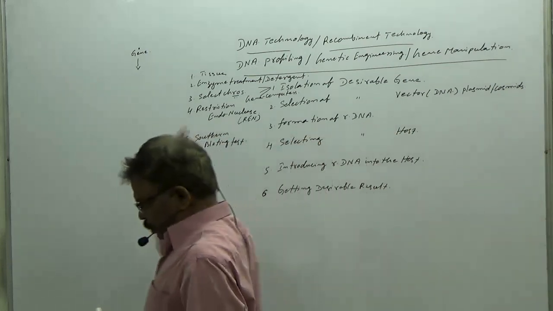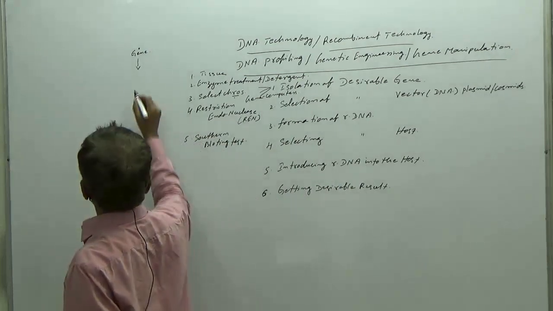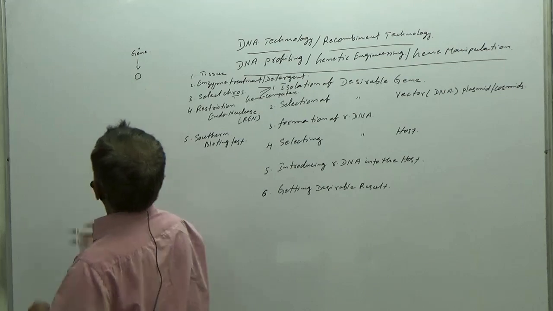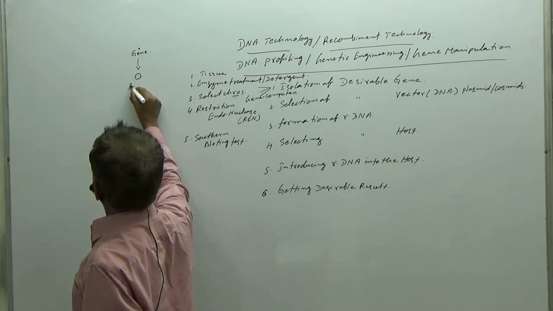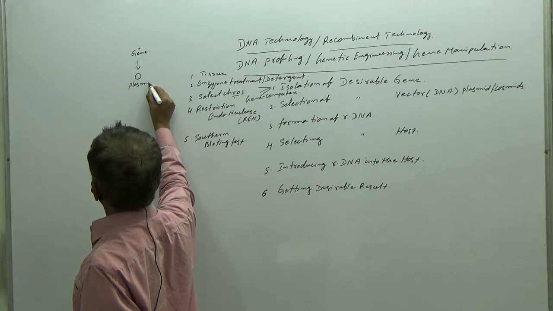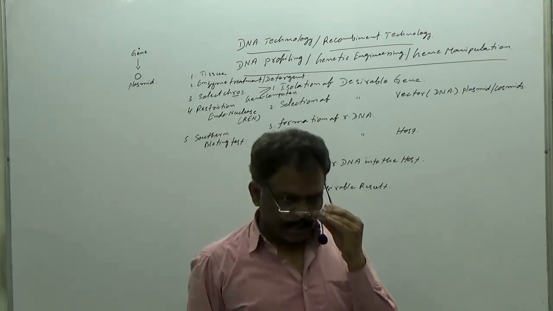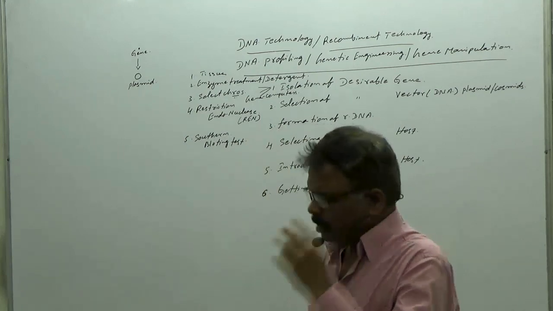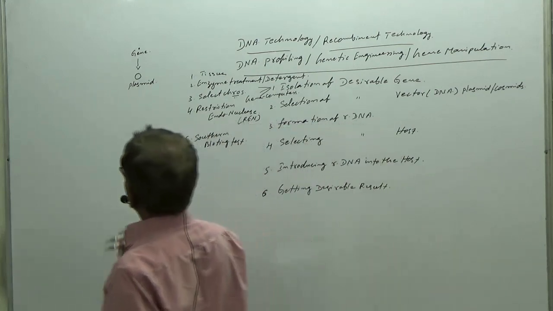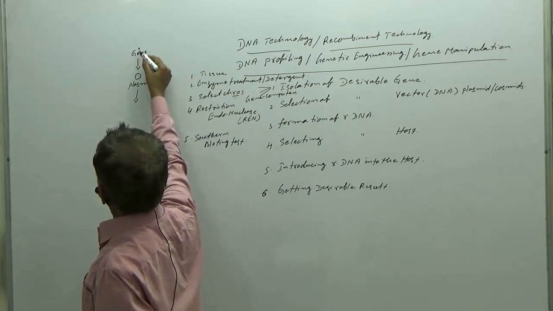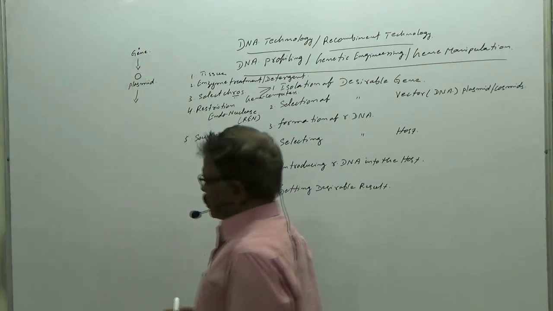Then, after extracting the gene, they select a plasmid that itself is known as a vector, a gene carrier. Vector means carrier. Then, after selecting this plasmid gene vector, they insert this gene into the plasmid.